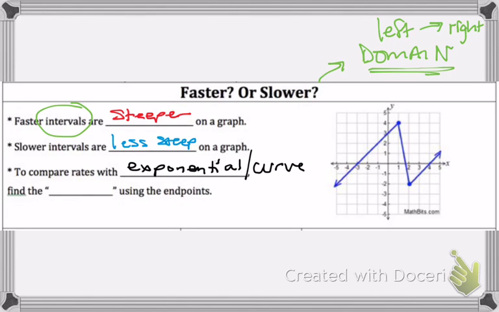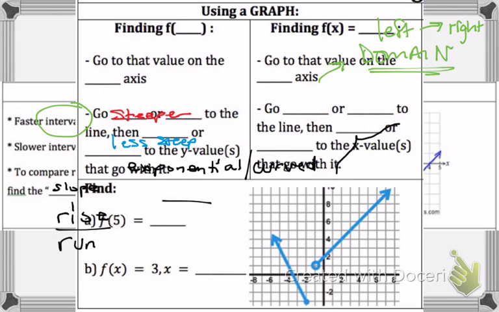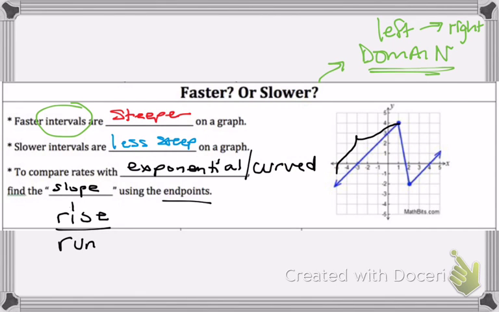or curved graphs, find the slope using the endpoints, so still rise over run, even though it's not a straight line. So steeper over on this graph, let's just go and find the slope for each piece. If we find the slope for this piece right here, let's use this dot right here and this dot right here.